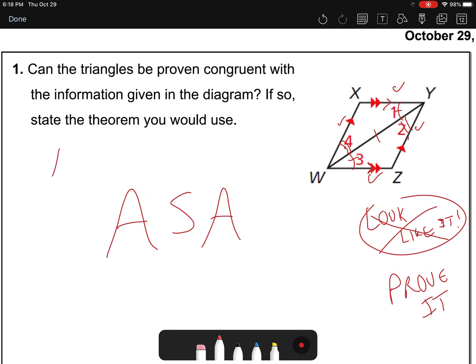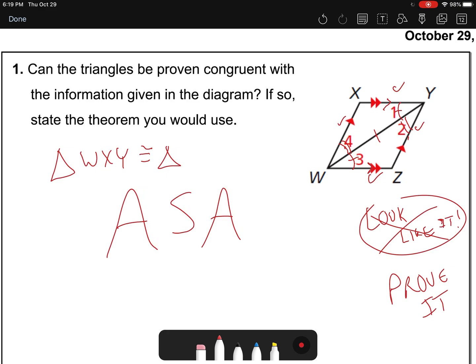Now, what would be your congruent statement? Well, if I start at WXY, what would be congruent to WXY? Because here's the thing, when you write a congruent statement for two triangles, it doesn't matter what order you put it in. What matters is the second part of that order.